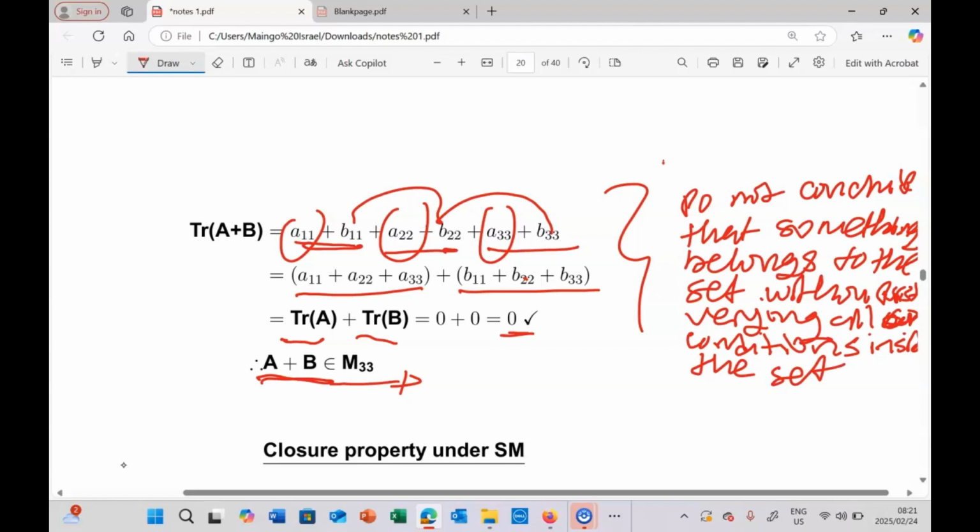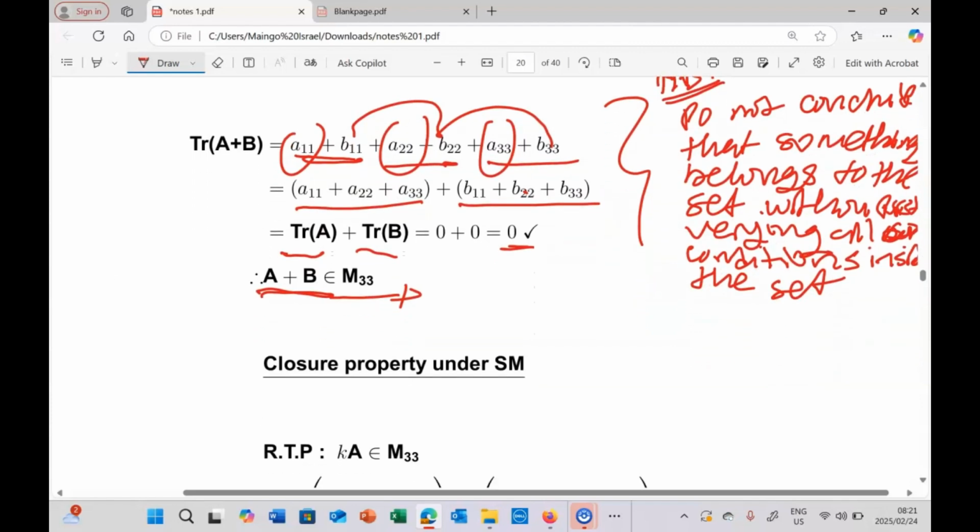It's very important. So now, that means the closure property holds under vector addition.